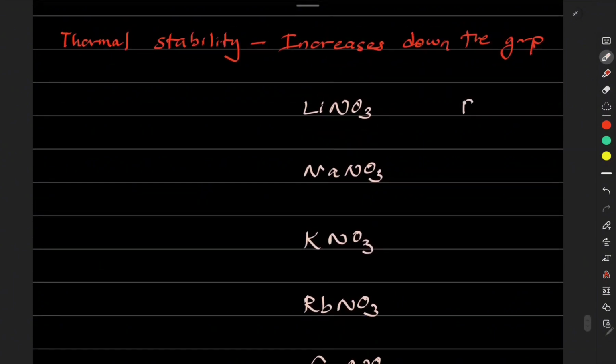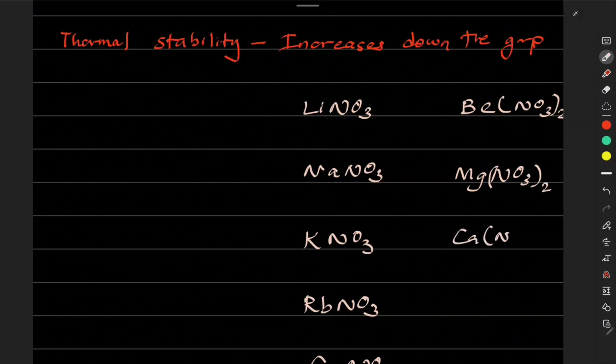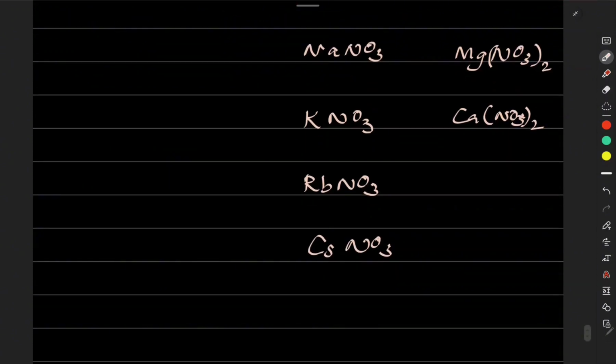The group 2 nitrates are beryllium nitrate, magnesium nitrate, calcium nitrate, strontium nitrate, and barium nitrate.